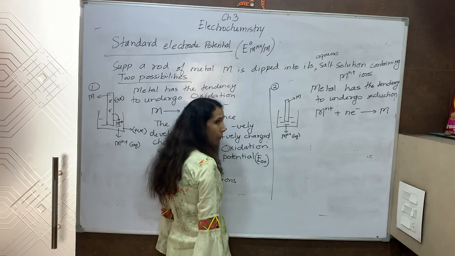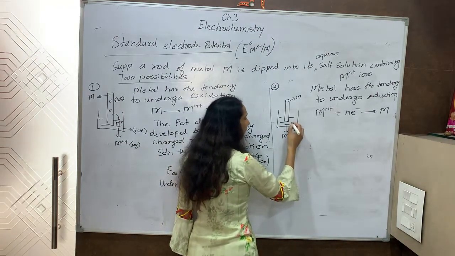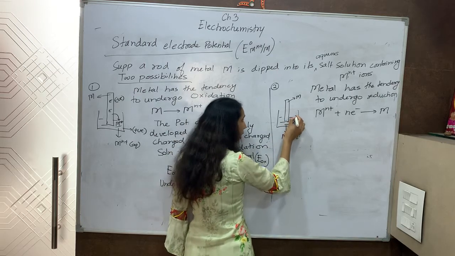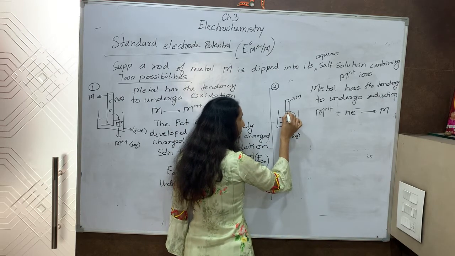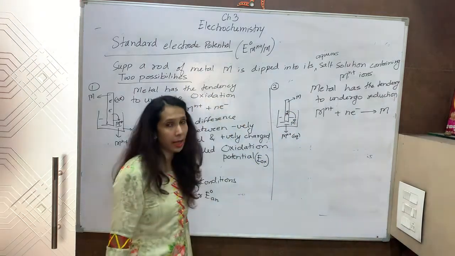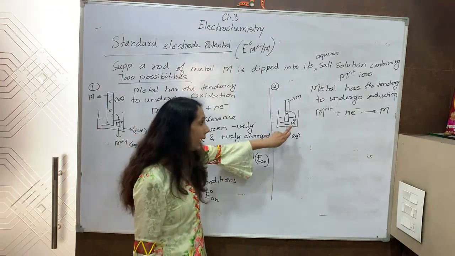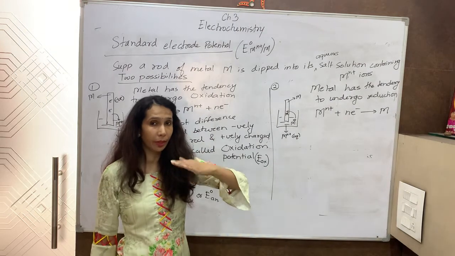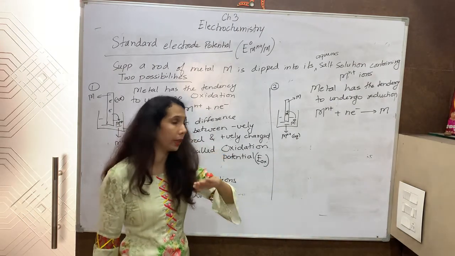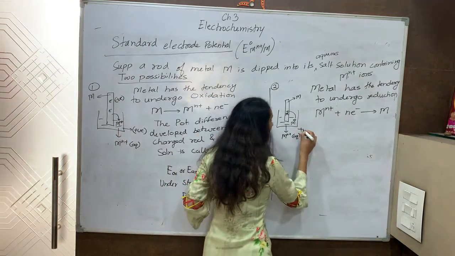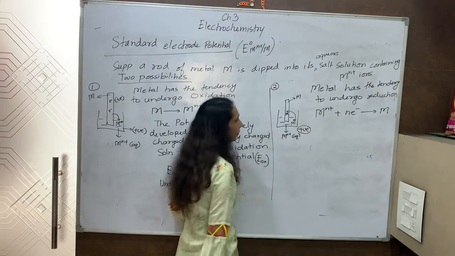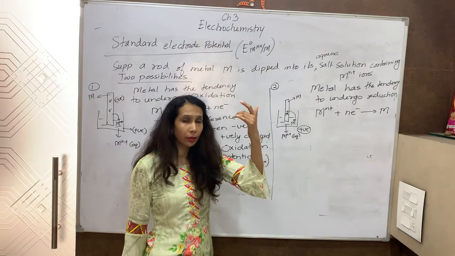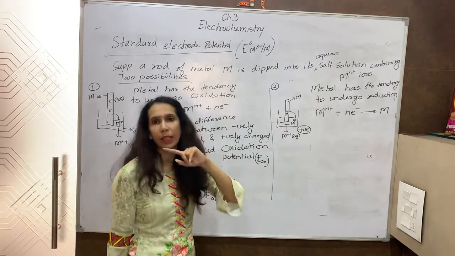Now where is Mn+? In the solution. So Mn+ will take electrons from the rod and will deposit on the rod as M. So the Mn+ ion concentration in the solution will decrease. Positive ions will decrease. The solution will become negatively charged. And it is taking the electrons from the rod, so on the rod, electrons will decrease.